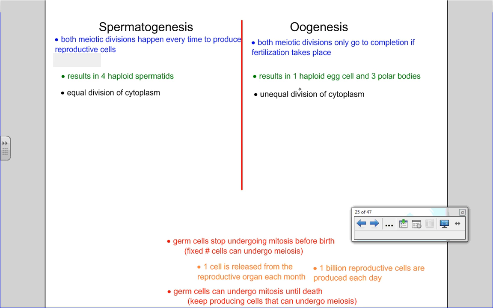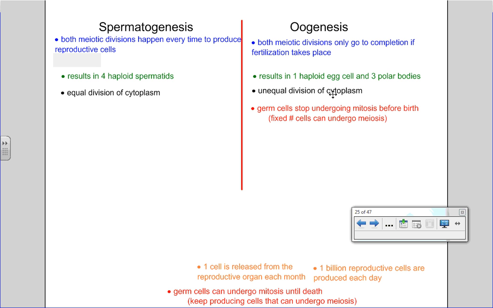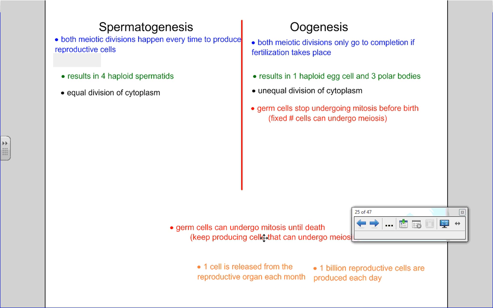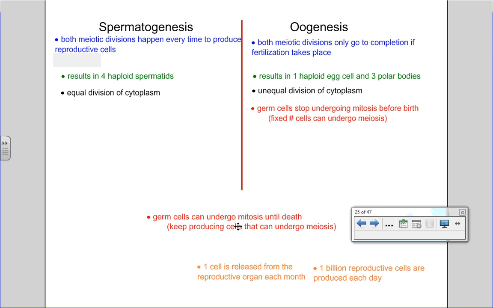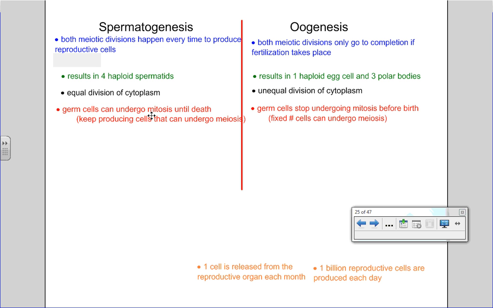Whereas in oogenesis, it's unequal, and that's why we end up with only 1 out of the 4 being a viable egg. Germ cells stop undergoing mitosis before birth, and only a fixed number of cells can undergo meiosis. That's oogenesis. Whereas the other says germ cells can undergo mitosis until death, so we can keep producing cells that undergo meiosis. That would be spermatogenesis.